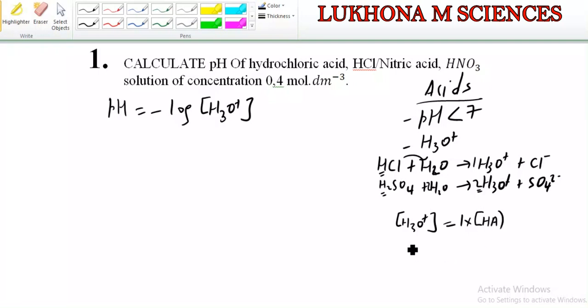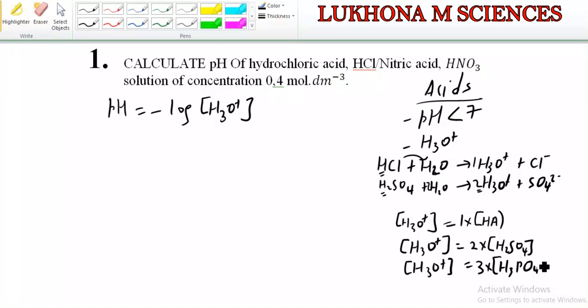Then the concentration of hydronium ion that you get from a diprotic acid will be 2 times that diprotic acid's concentration, and so on. If there are 3 hydrogen atoms in that acid, we are going to say 3 times the concentration of that acid, in this case phosphoric acid.